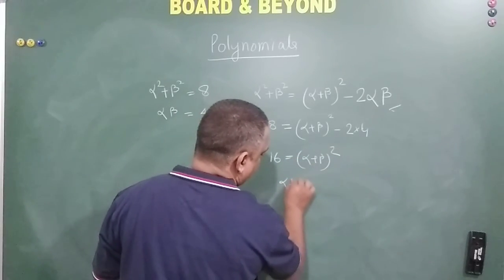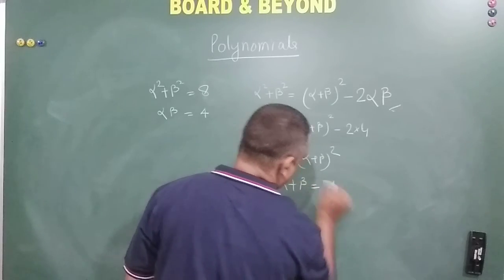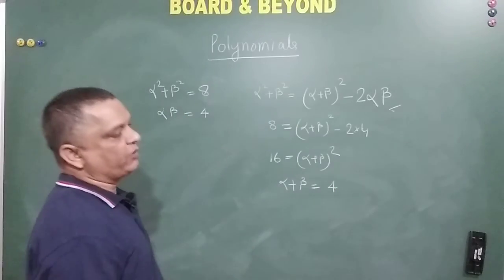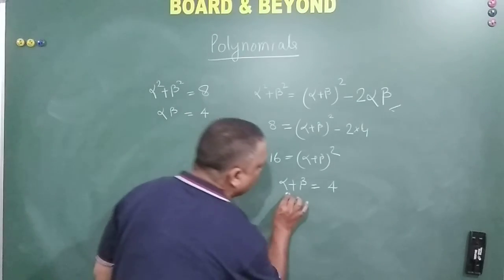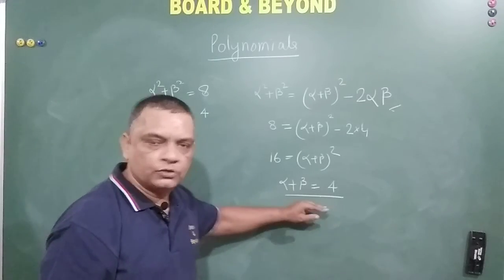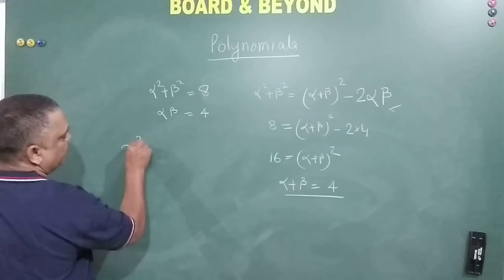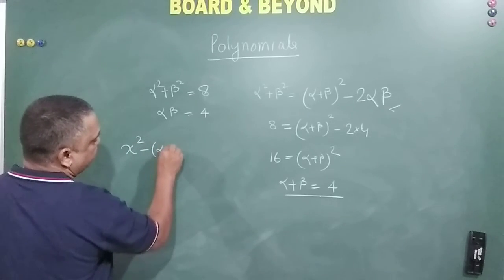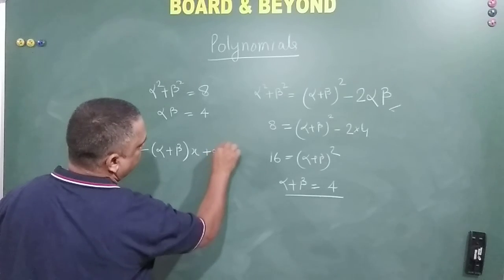So alpha plus beta is how much, my friends? It will be either plus 4 or minus 4, and we will take up one value here. Now the sum of the roots is known to us, and the product of the roots is known to us. So the quadratic equation will be x square minus alpha plus beta x plus alpha beta.